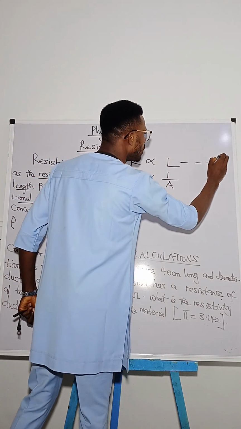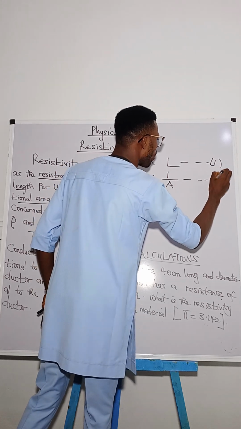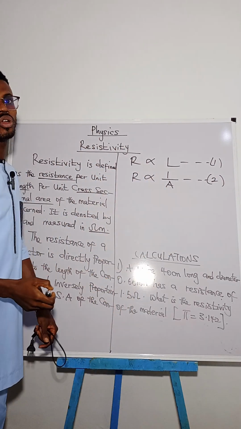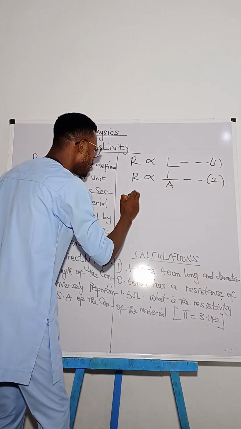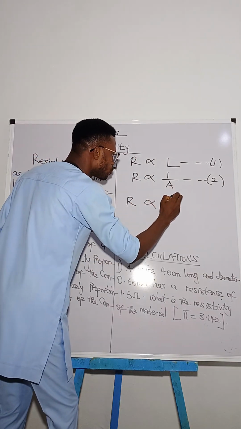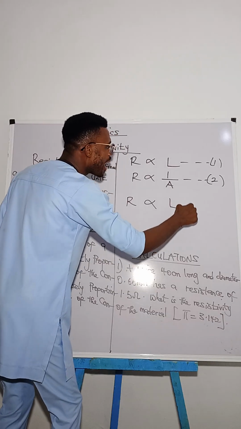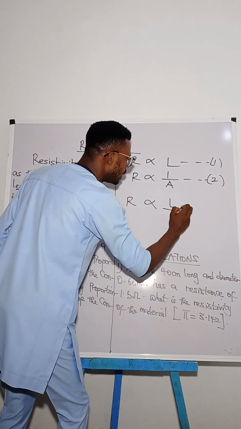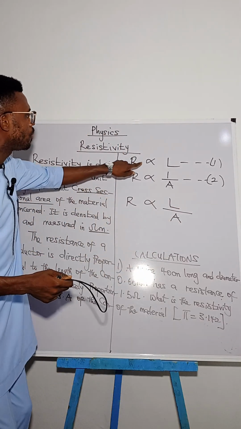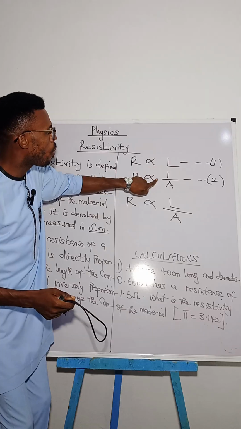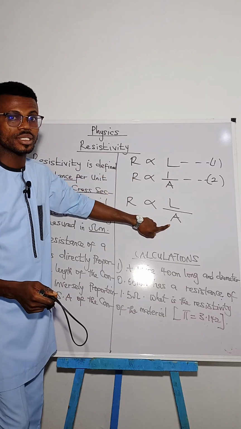So I call this equation 1 and I call this equation 2. Now, if I combine both equations together, I have resistance proportional to length times 1 over A, which gives length over A, because A is inverse.